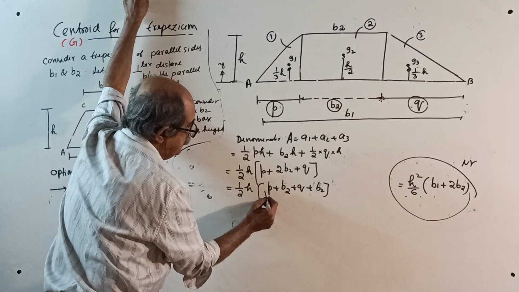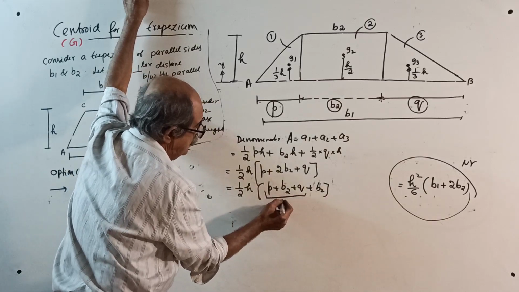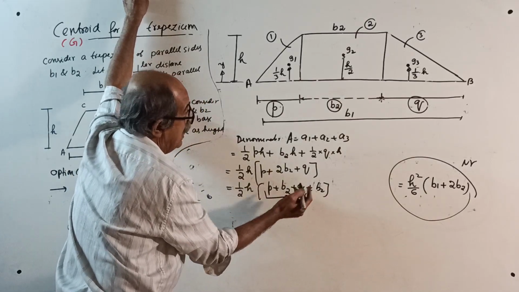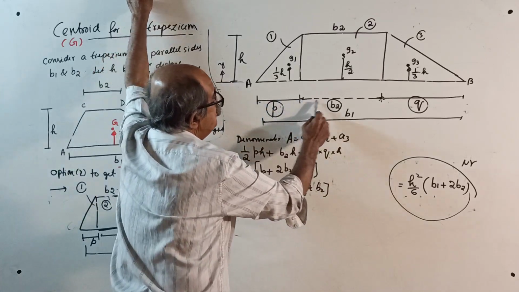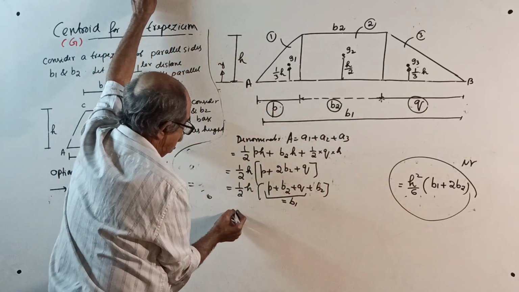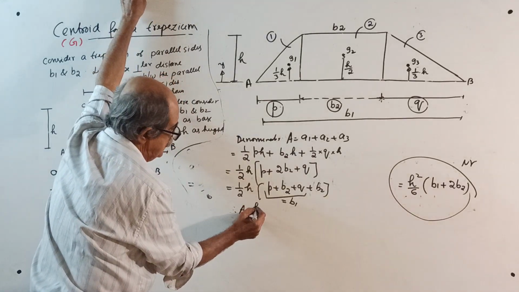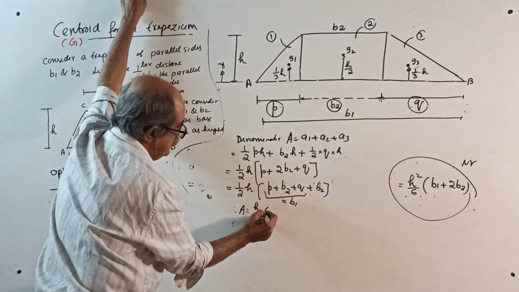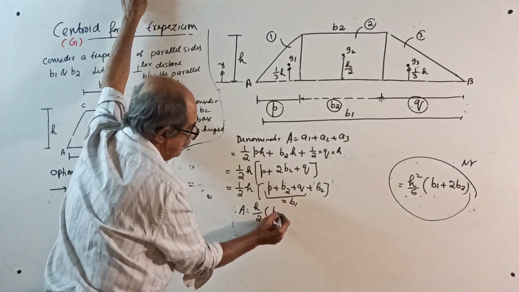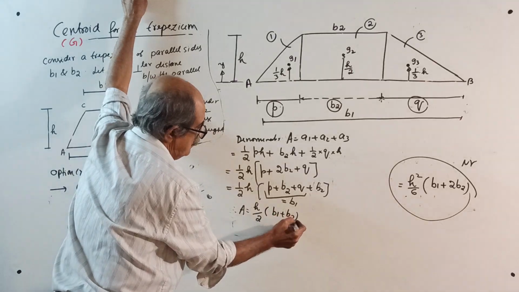But remember, P plus B2 plus Q is equal to B1. Already I told you. Therefore, your area equals H by 2 into B1 plus B2.